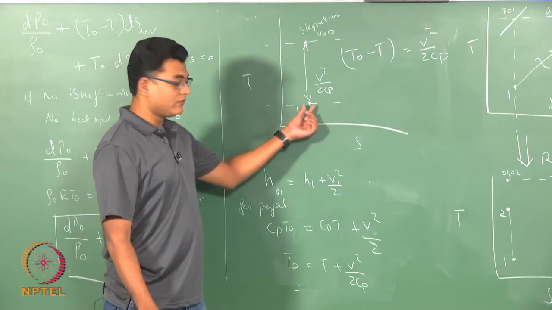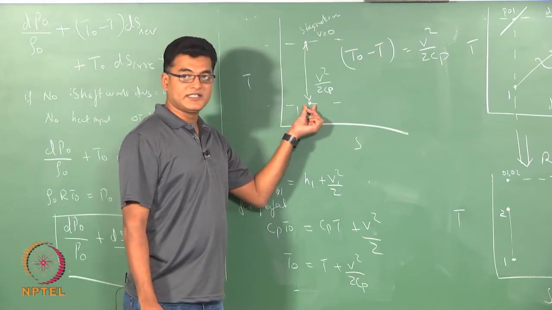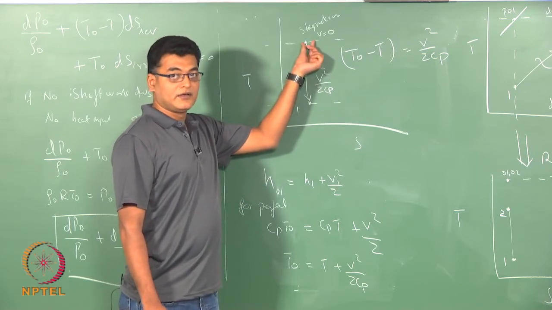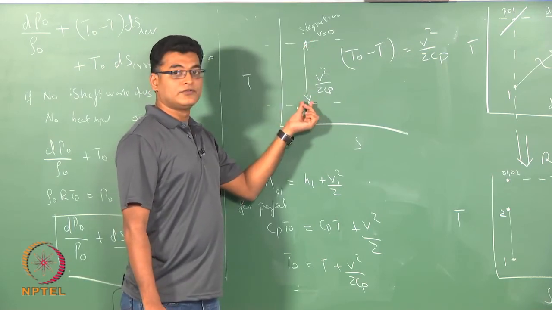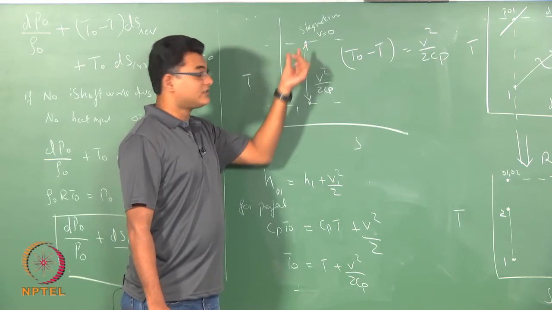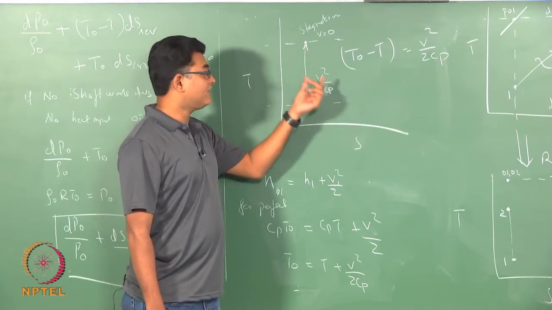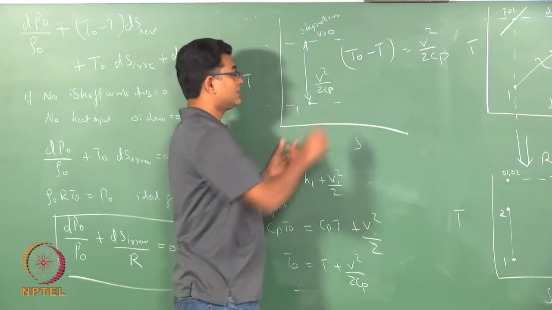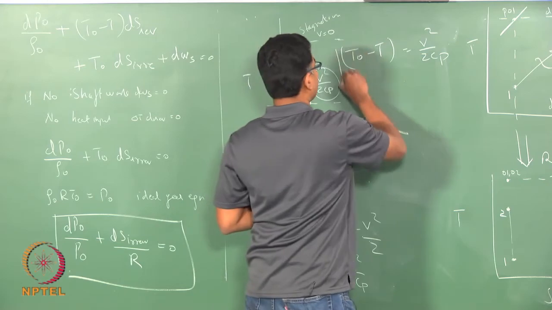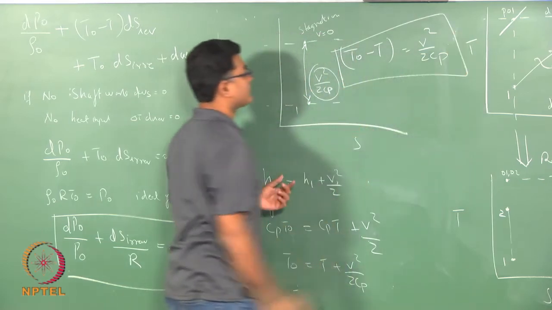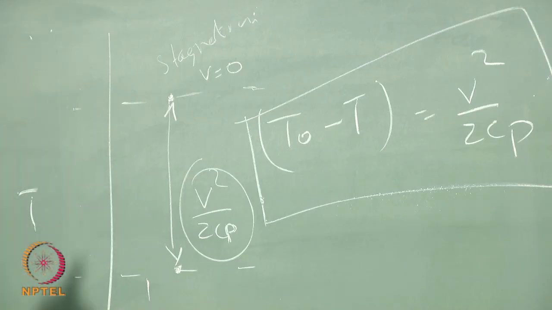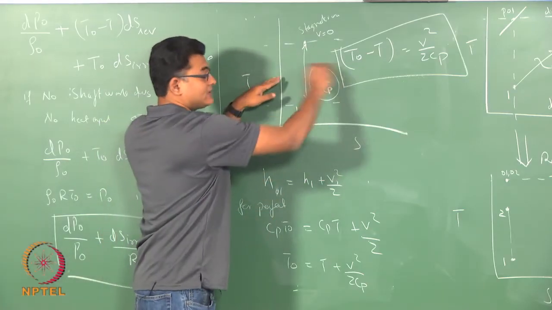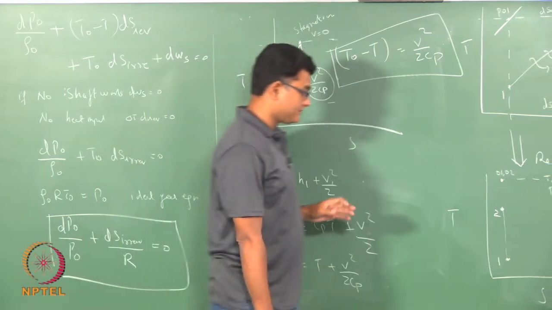If I take the flow to zero velocity isentropically with no heat and no shaft work, then the difference in temperature is given by this quantity, V square by 2Cp. We are going to have a few other reference quantities and we will see where they are placed in the T-S diagram.